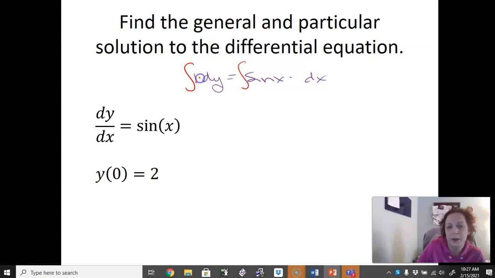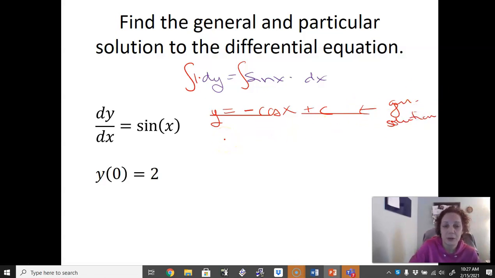And again, you can put a 1 in here if it helps you to remember what you're doing over here. You're integrating a 1 on y, so it's going to turn out to be y. And then we're saying, whose derivative is this? Okay, well, the derivative of cosine is negative sine, so this must be the derivative of negative cosine x. And then there's a plus c. Okay, this is my general solution.